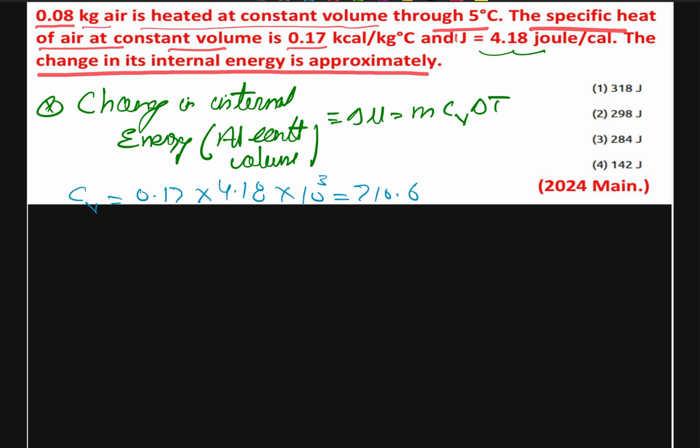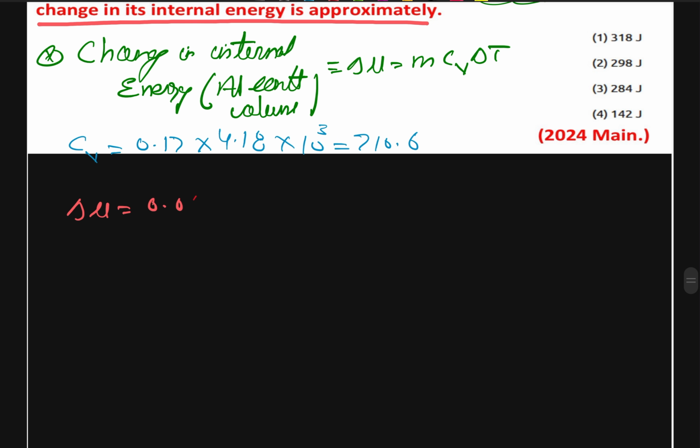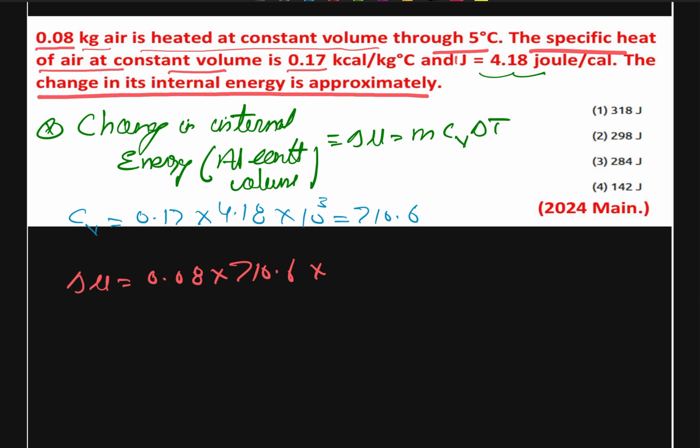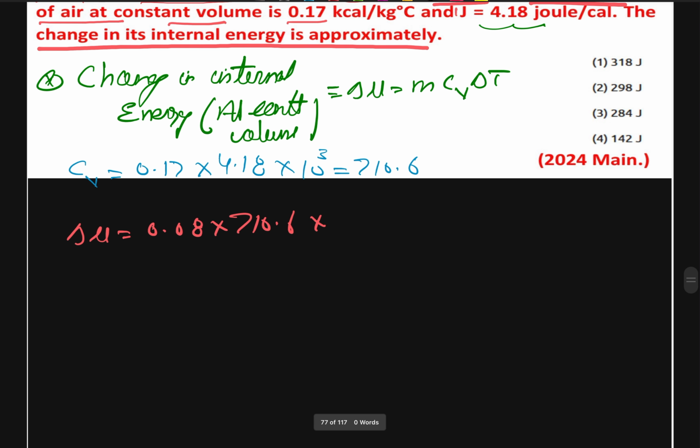We get this as delta U will be equal to m is 0.08, 710.6, and heated at a constant volume through a temperature of 5 degrees centigrade, and multiply by 5.